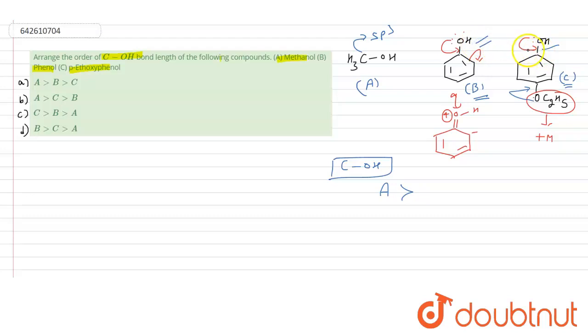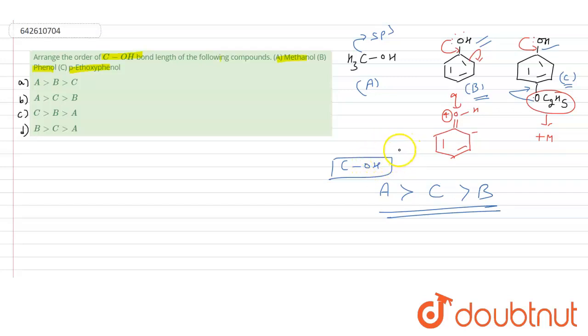In this way, compound C has a more bond length as compared to B. So B has the smallest C-O bond length.